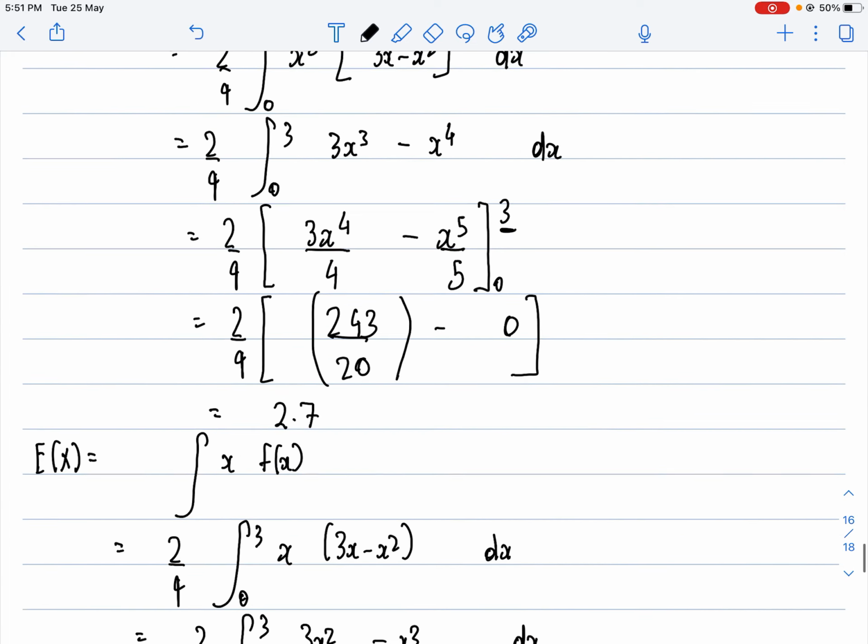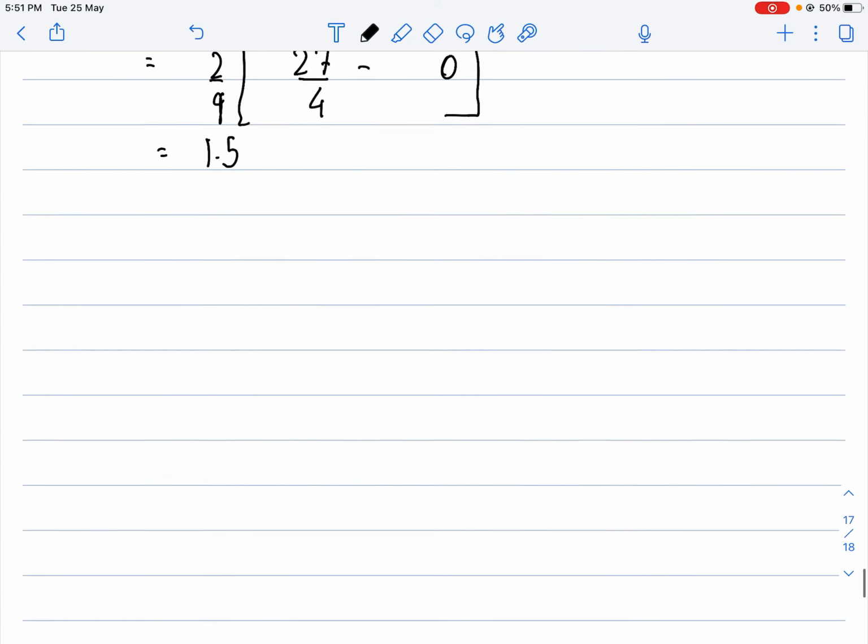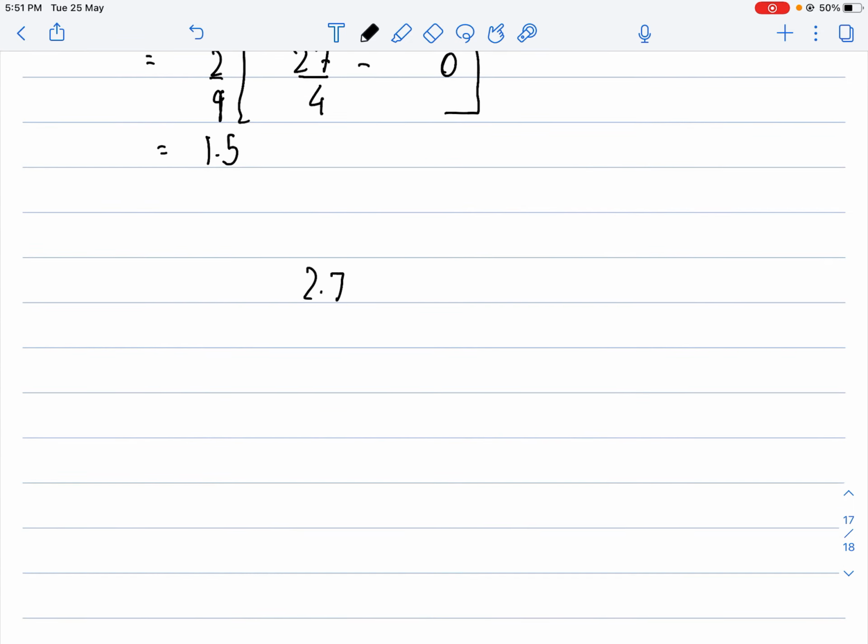Now substituting it into this formula, I can write this as 2.7 minus 1.5 the whole square, because we need the mean square. So 2.7 minus 1.5 the whole square will basically give me 0.45, which is the final answer of my question.